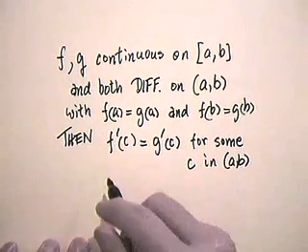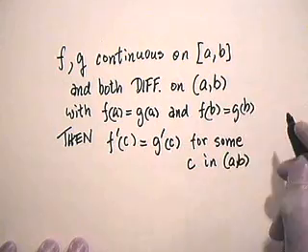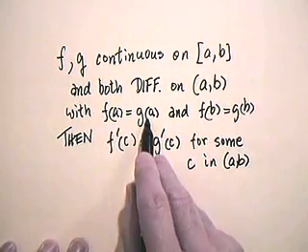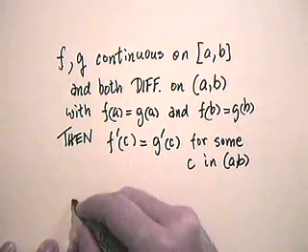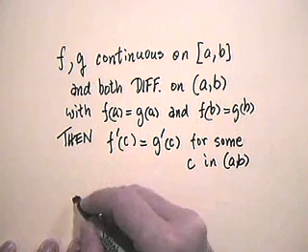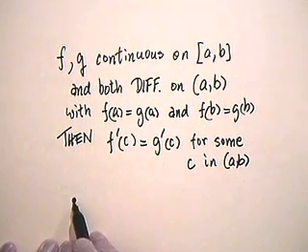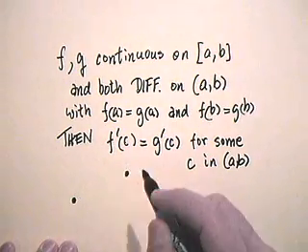That is, notice what this is saying. The values of the functions at the endpoints are the same. That is, f and g have the same value at x equals a, f and g have the same value at x equals b. So if I draw their graphs, let's say there's a point on the graph where f passes through and g passes through at x equals a, and over here is the one for b.